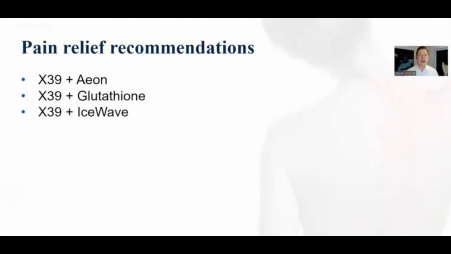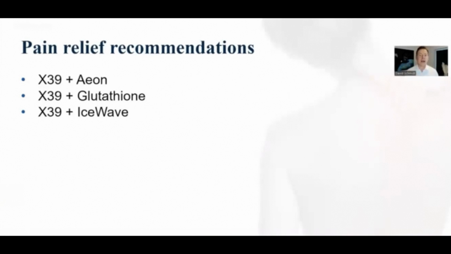Another way that we can manage the inflammatory response for better pain reduction is with glutathione. When we elevate glutathione, not only will it detoxify the body, but glutathione as an antioxidant will help to reduce inflammatory markers in the body.